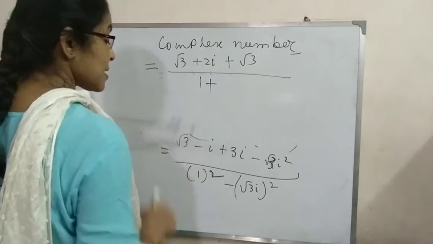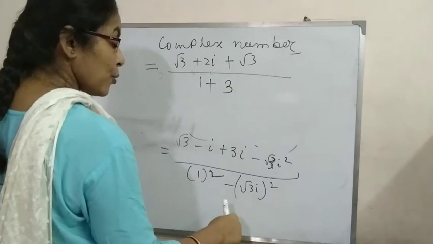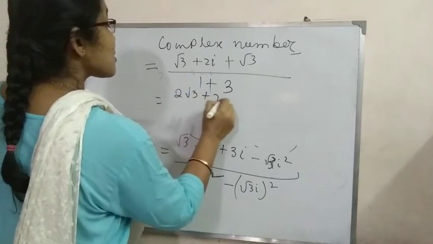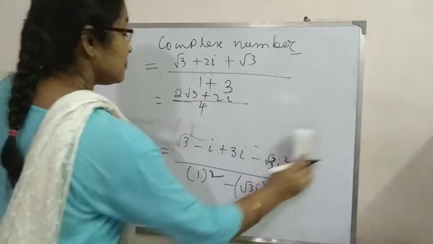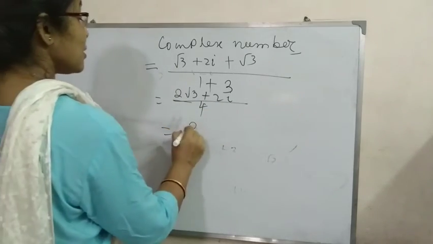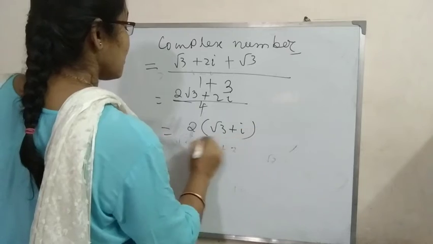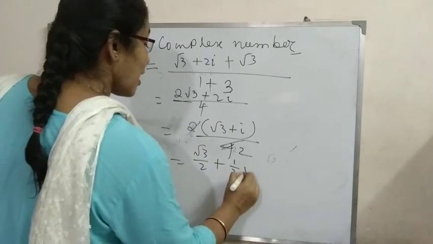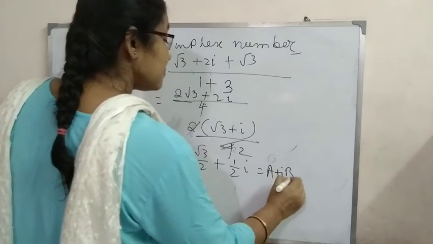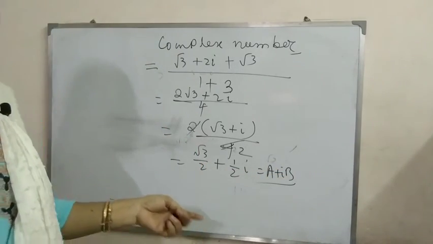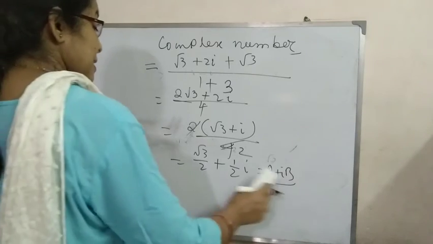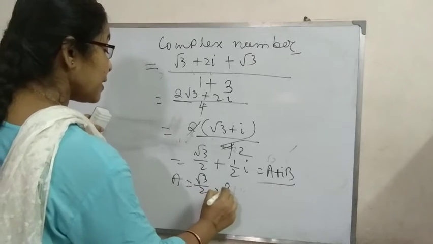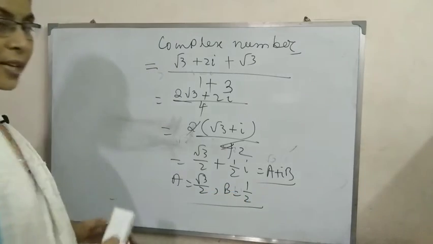This is 1 plus 3, i square equal to minus 1, so minus 1 plus 1, this is equal to 4. 2 root 3 plus 2i by 4, this is equal to 2 root 3 plus i by 4, that is equal to root 3 by 2 plus half i equal to a plus ib. I can be expressed as a plus ib. Here a equal to root 3 by 2 and b equal to half. Those are real.